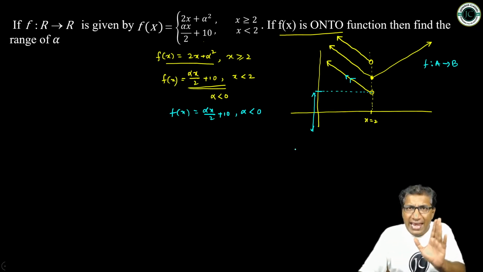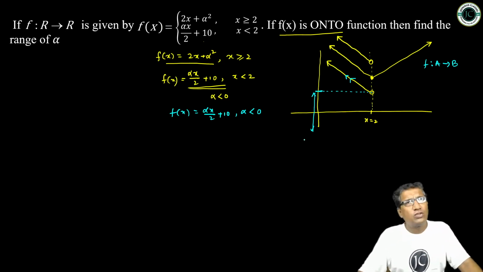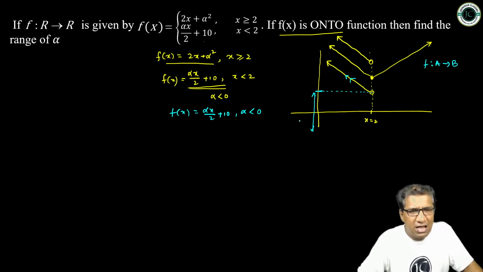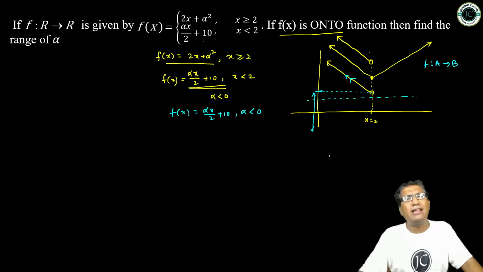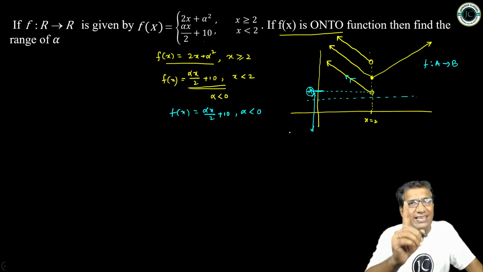I mean, for any value of y less than this point, you are not going to get any x. Because if I draw a line parallel to the x-axis below this point, again I'm mentioning, below this point, you are not going to get any x.